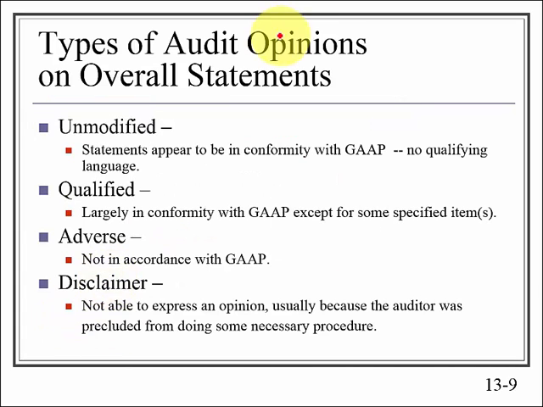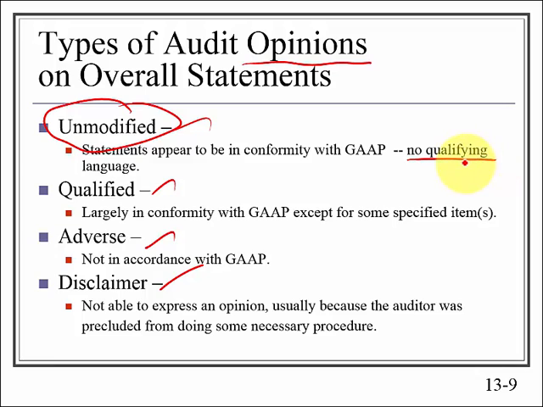So when an auditor gives an opinion, there's four different possibilities. The best one is unqualified or unmodified. Again, you're looking for that fairly present in this opinion, and there's no conditions. Unqualified, unmodified.